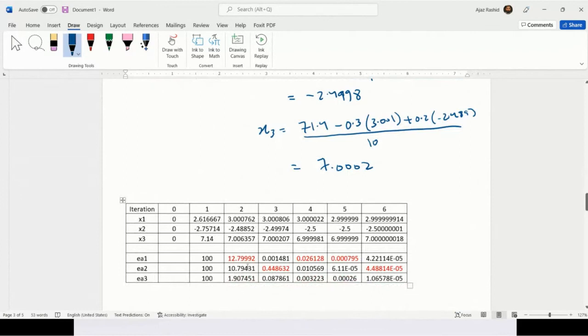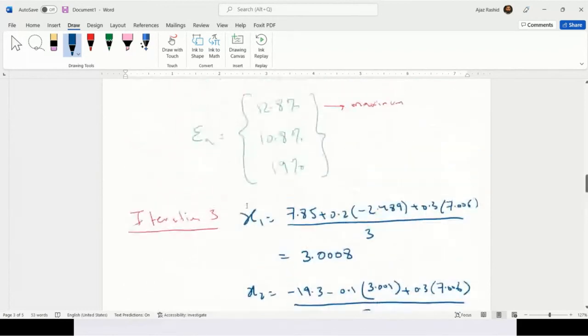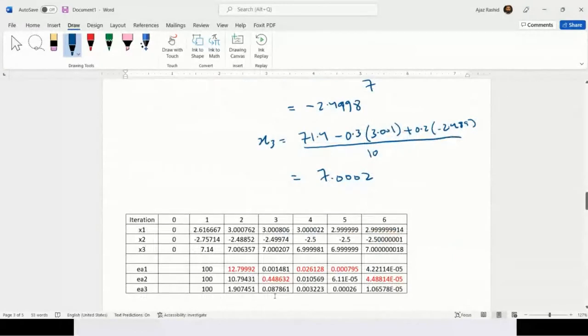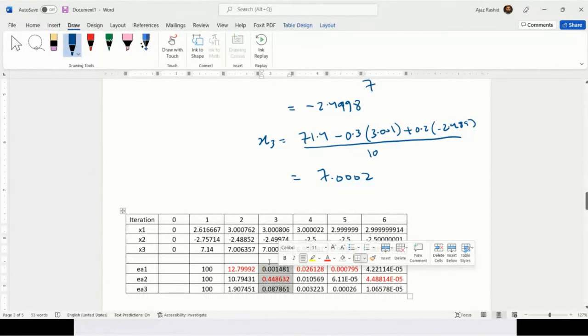Also, I found the error in each iteration, same as what we had found here. If we take 1% as our stopping criteria, then we can stop at this iteration, because all of them have reached below 1%. Of course, I'm looking at the maximum of the errors.